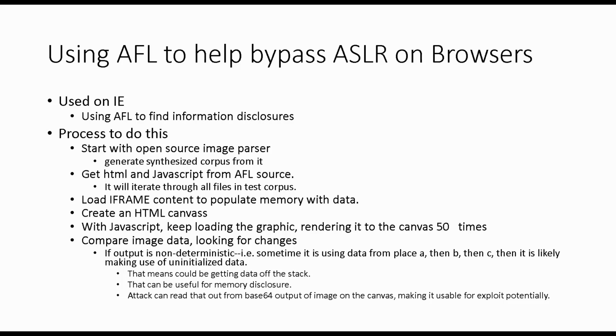Meanwhile, we can be comparing the image data, looking for changes. If output is non-deterministic, meaning sometimes it's using data from place A, place B, place C, then potentially you're making use of uninitialized data, which might mean that it could be something on the stack. If it's something on the stack, then maybe it could be a function address on the stack. And then that could be our ASLR bypass, a memory disclosure.